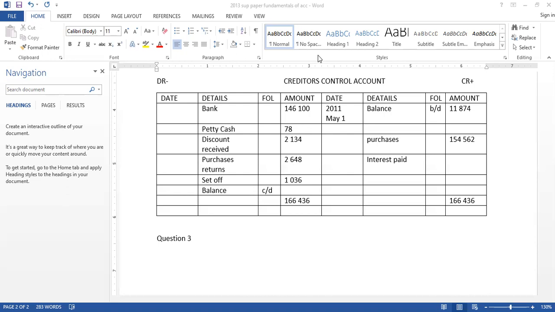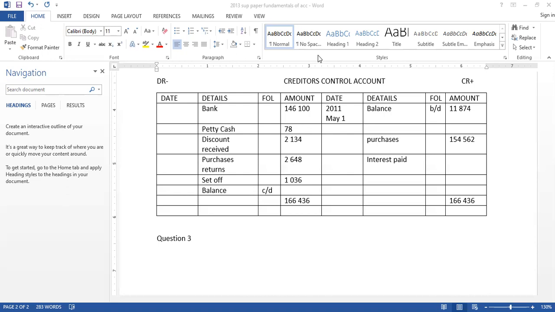Just like your bank reconciliation, the debit side of your supplier statement is the same as the credit side of your creditor's ledger.